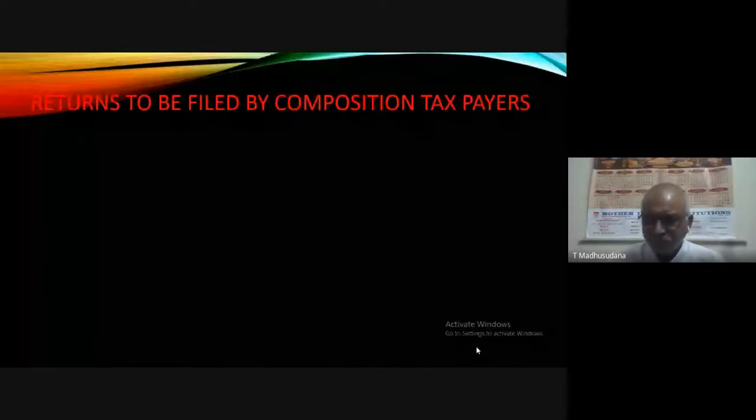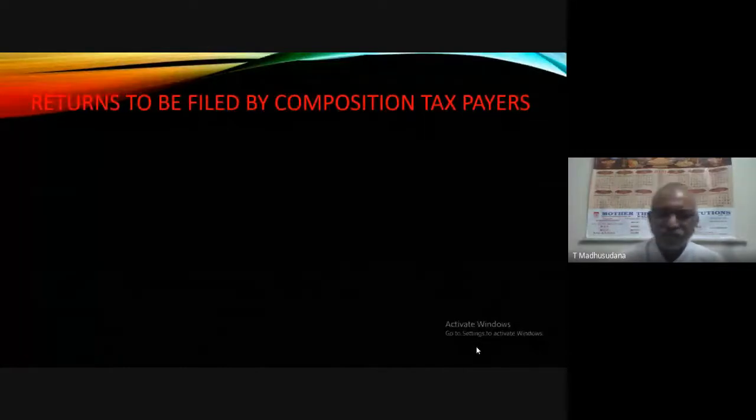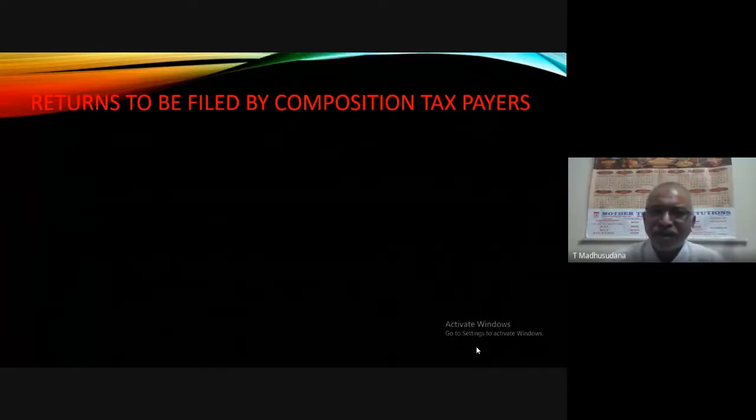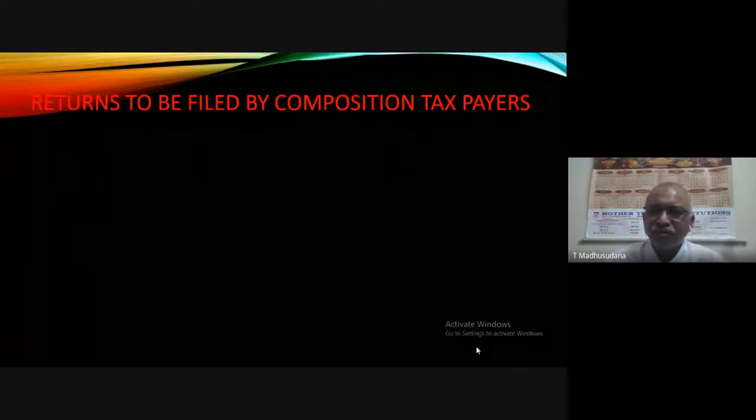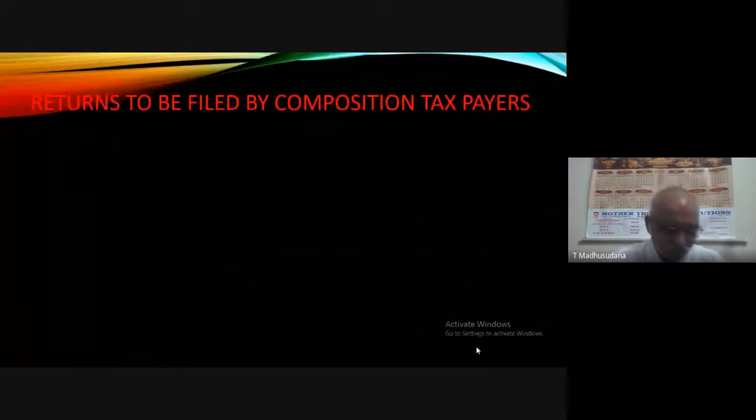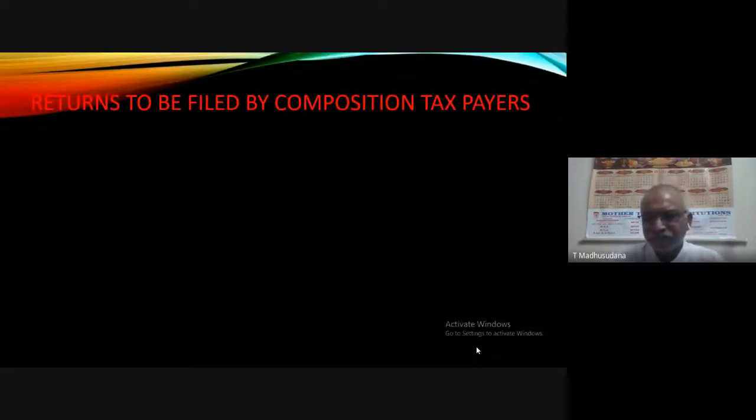So these are the various forms of returns to be submitted by the normal taxpayers, that means the taxpayers who are under the normal scheme.